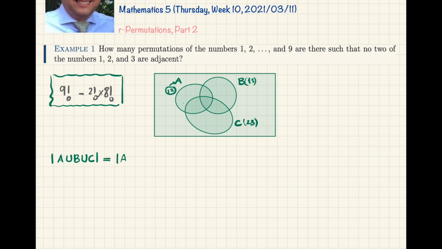It's the cardinality of A plus the cardinality of B plus the cardinality of C minus the cardinality of A intersection B minus the cardinality of A intersection C minus the cardinality of B intersection C, and then plus the cardinality of A intersection B intersection C. Yes, so this is what we learned.